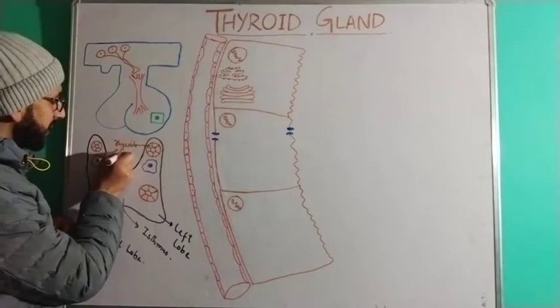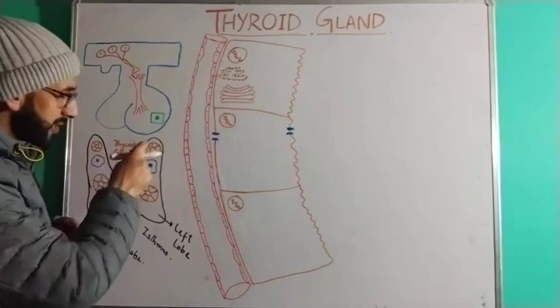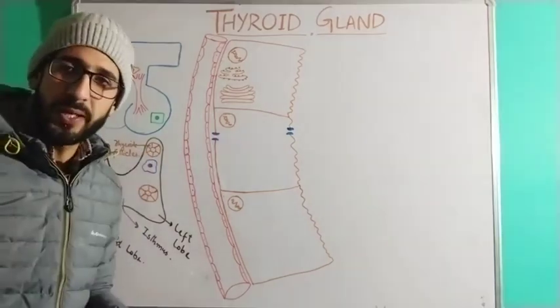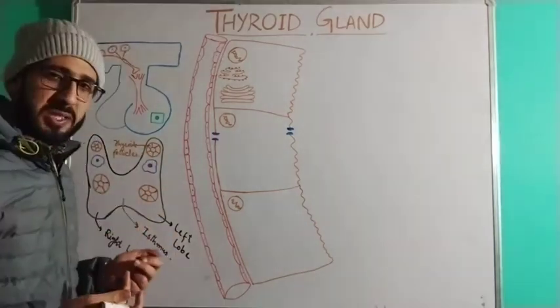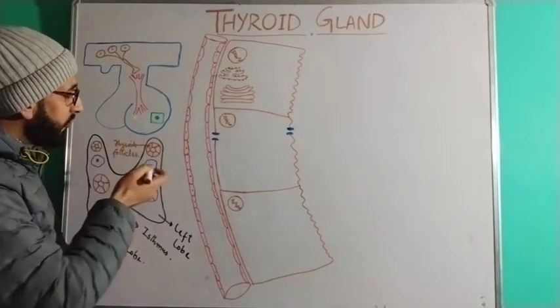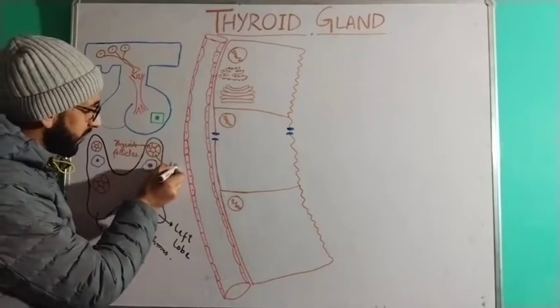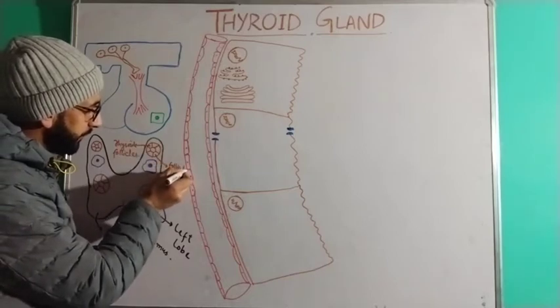These thyroid follicles are made up of glandular cells, which are simple cuboidal cells, or can be simple squamous cells as well. These cells are called follicular cells.